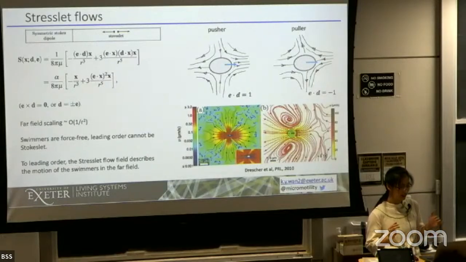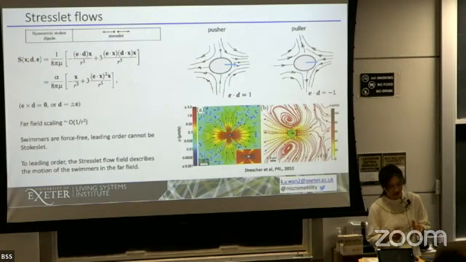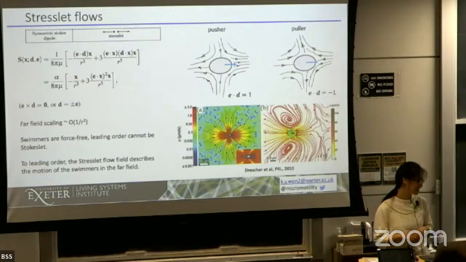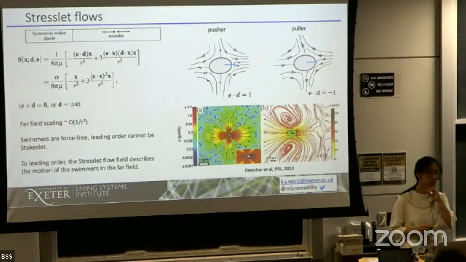So this leads to either alignment in the case of pushers or, in the case of pullers, the opposite. But the thing is, if you're asking about the relevance in a more ecological context, is that okay? You're not asking about the ecological context. Okay, sorry.